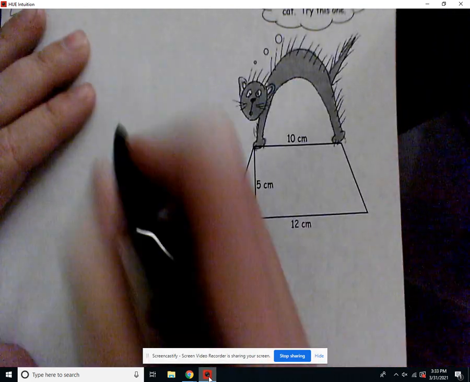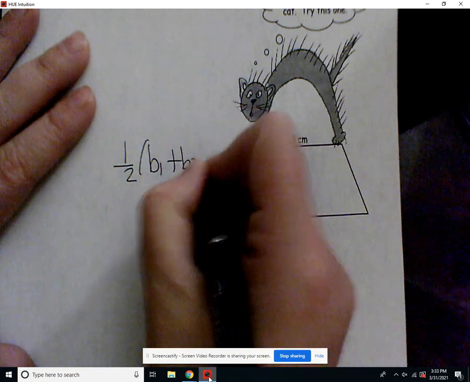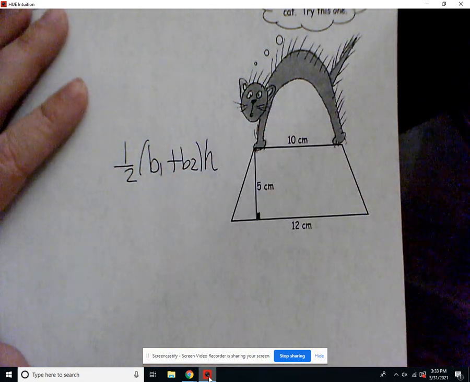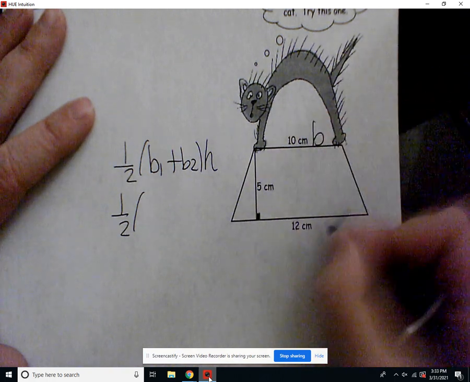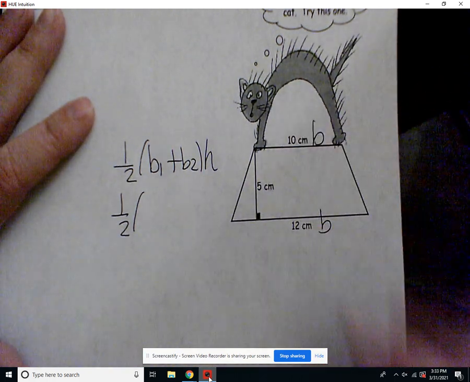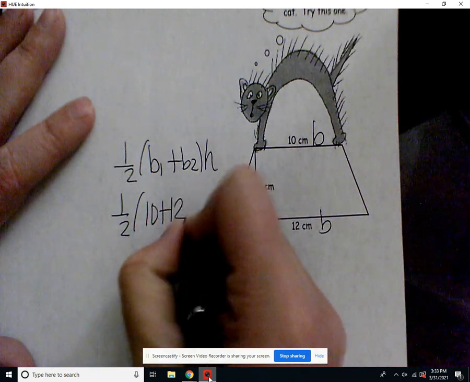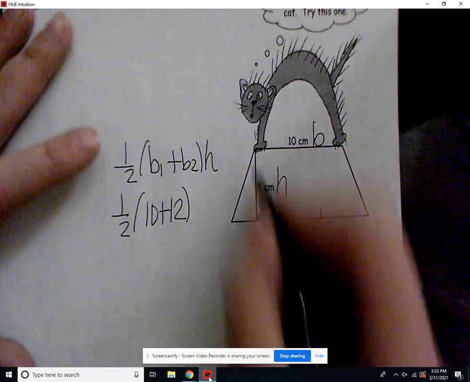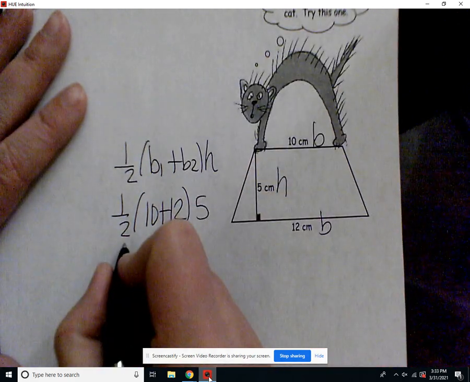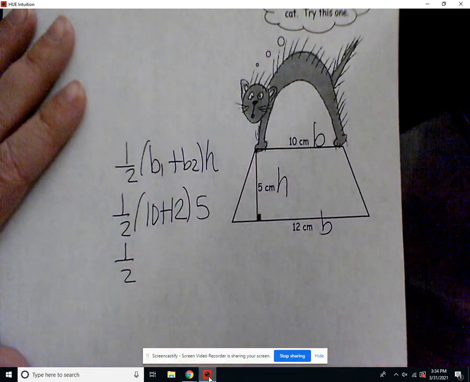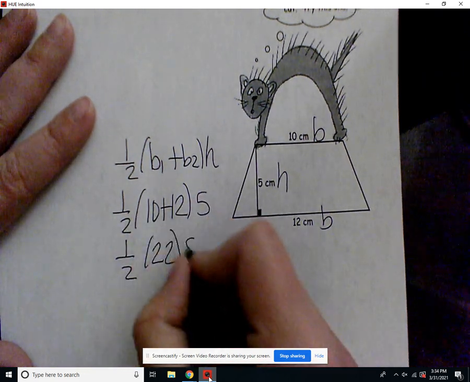All right, so let's look at our next one. Okay, so we've got our formula, 1/2 (B1 + B2) times our H. So our bases are going to be across from each other, which are 10 and 12. Our height is the top to the bottom of the trapezoid, which is going to be 5. Okay, so now we're going to add 10 plus 12, which is 22.